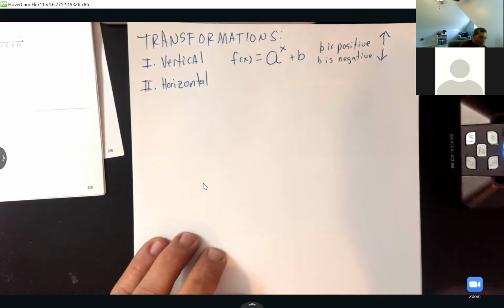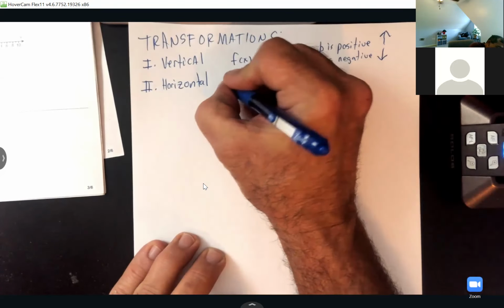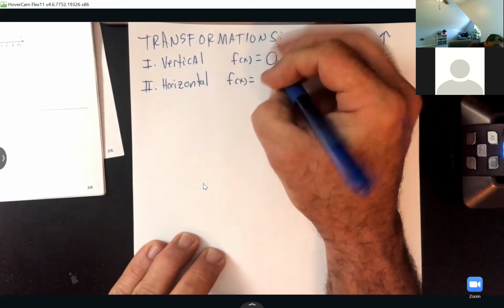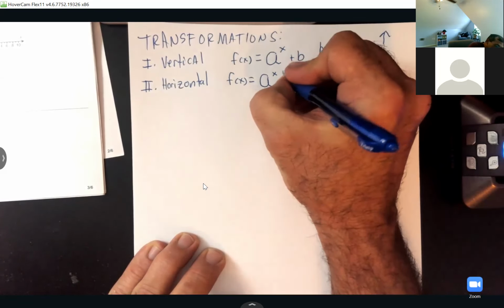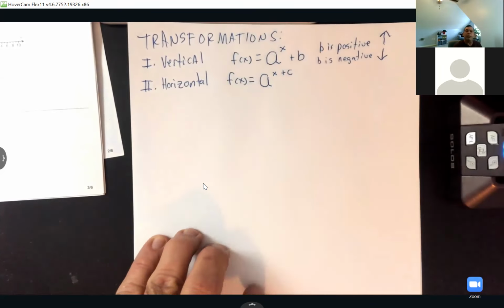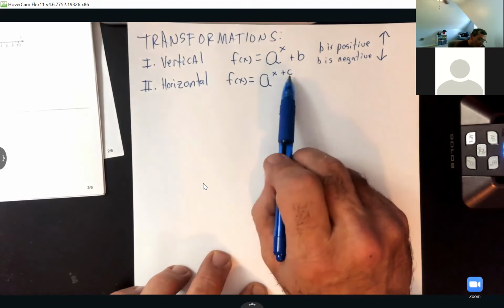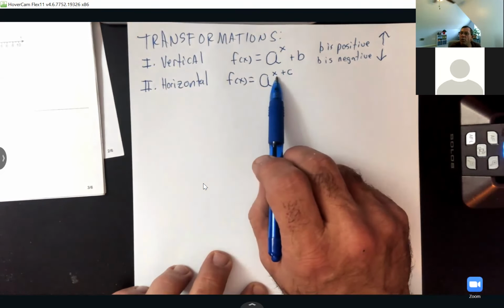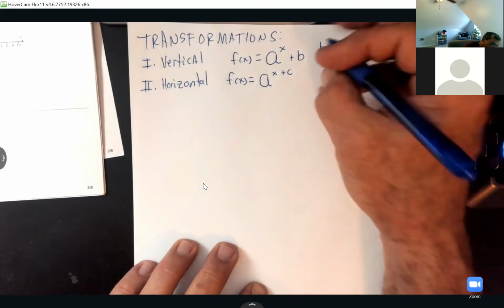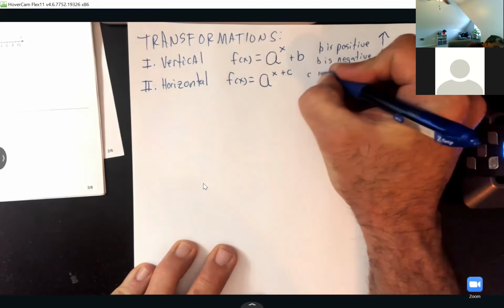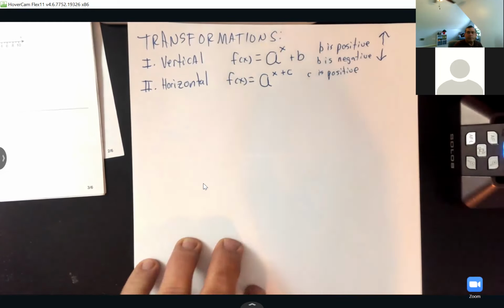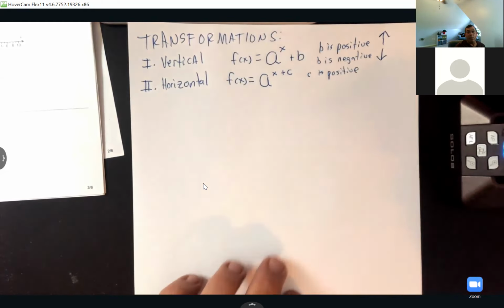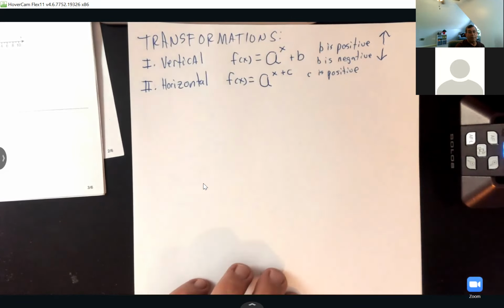Horizontal, which moves me left or right, will look like f of x equals a to the x plus c. So now I'm adding the number to the x. It was the same thing with the horizontals in chapter 7.